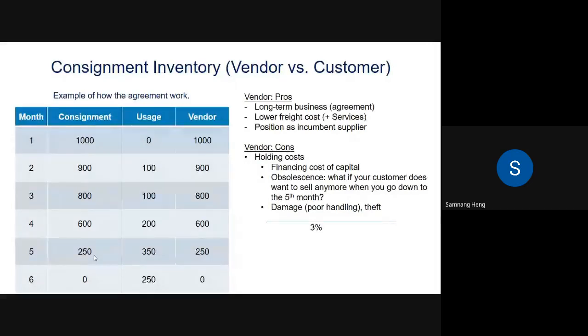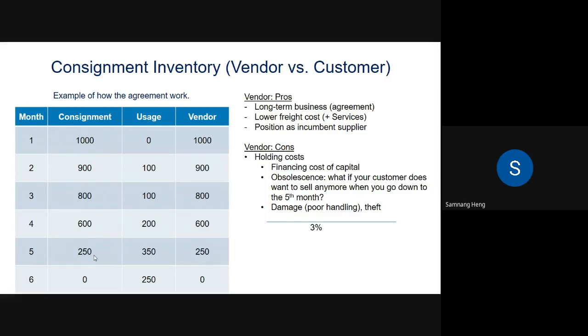loss, or someone stealing our product. What if the customer doesn't really care to make sure our product is stored properly? They say they leave our product outside and someone comes and steals it.